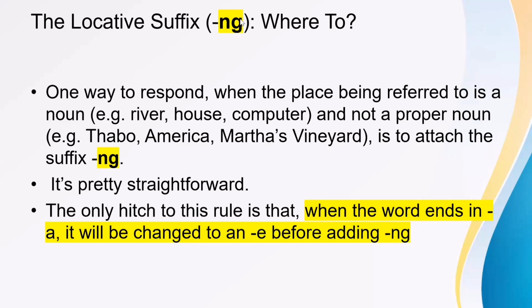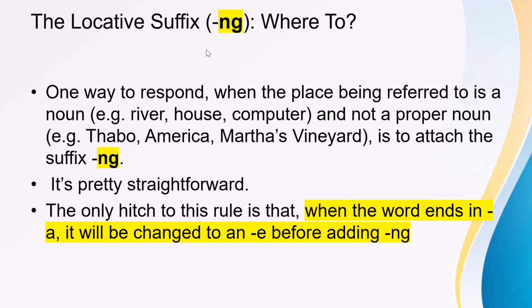So one way to respond when the place being referred to is a noun, for example, a river, a house, or a computer, and not a proper noun, for example, Tabo, America, Martha's Vineyard, is to attach the suffix ng. So if you just remember that whenever it is referred to a noun, you always add the ng at the end of the word. So it's just pretty straightforward.